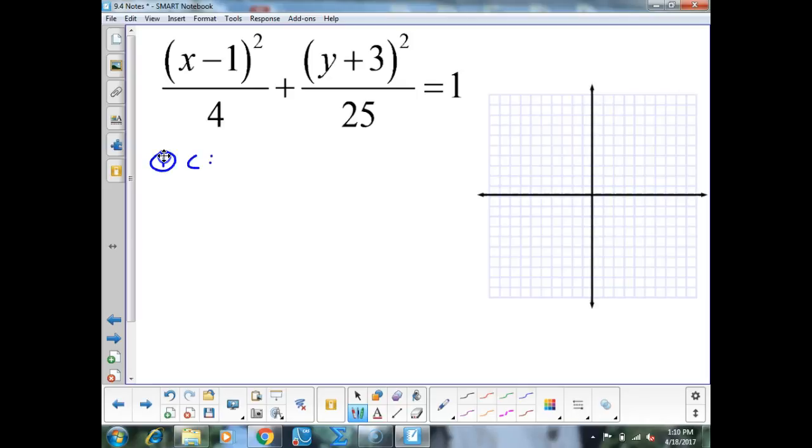Where is the center of this ellipse? 1 comma negative 3. And we put the center on our graph with a C.